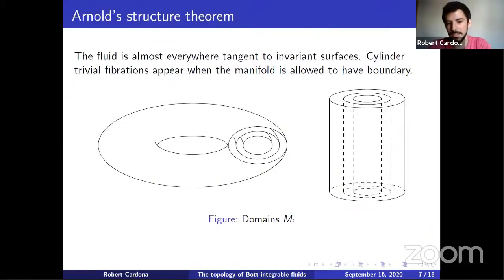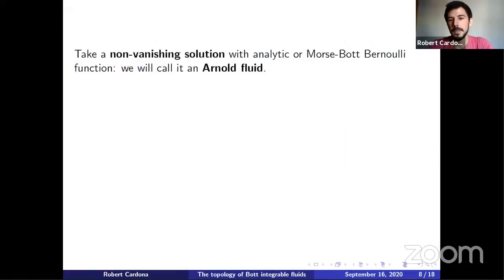So these will be somehow the domains that I was telling you of trivially fibered tori. If the manifold was allowed to have boundary, then you can have trivial fibrations by cylinders instead of tori, of course, when it touches the boundary. Okay, in this first part of the work, I will be assuming something else, which is that the vector field, the velocity field of the fluid, is non-vanishing.